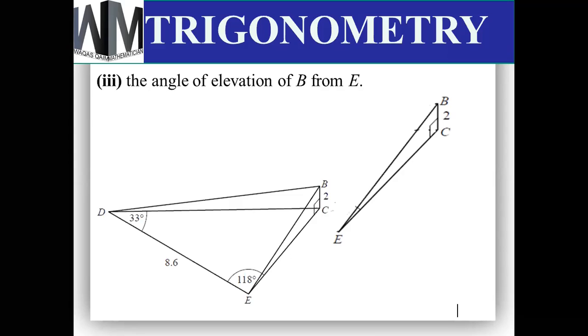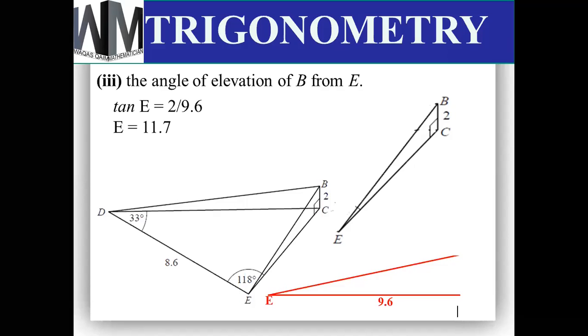In this triangle CBE, we have a right angle at C, and it will look like this. The length of CE was calculated in part 2, which is 9.6. The length of BC is given as 2 meter, and we are going to find the angle of elevation, which is the angle at E.